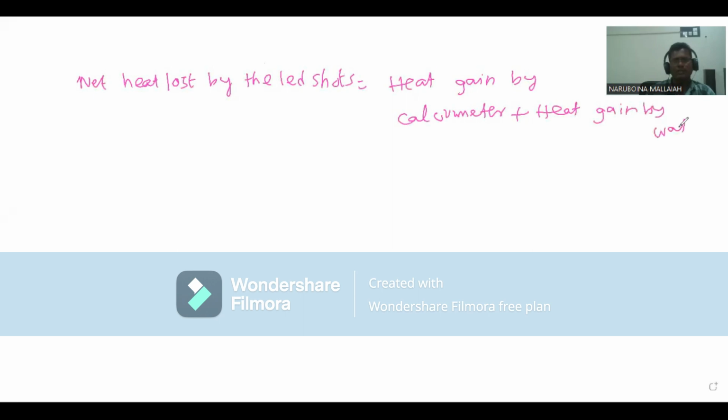Using this formula, we have to write this equation. Mass of the calorimeter is M1. Calorimeter plus water, when we poured water, its mass is M2.